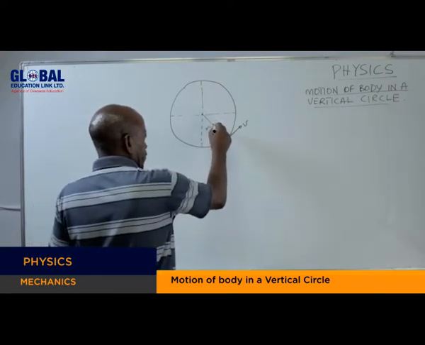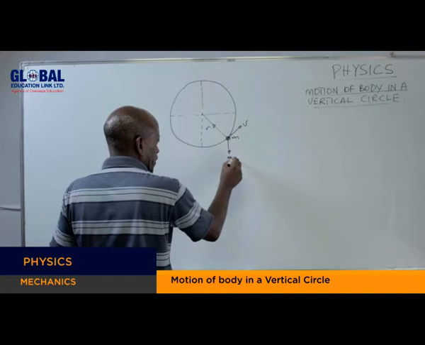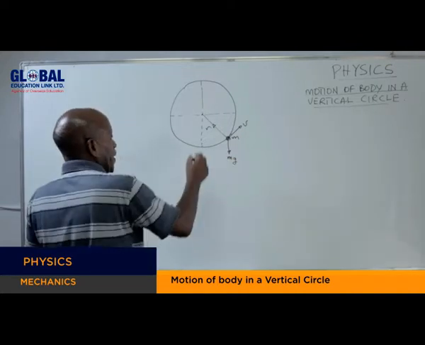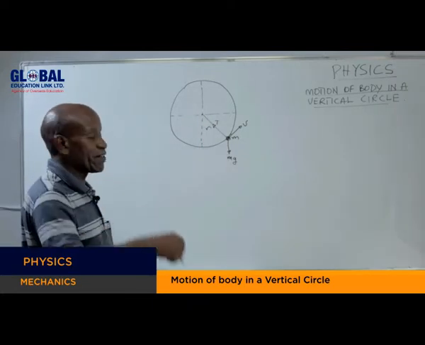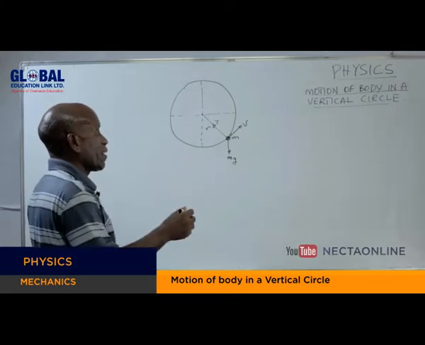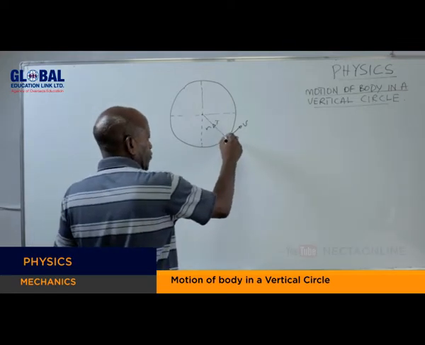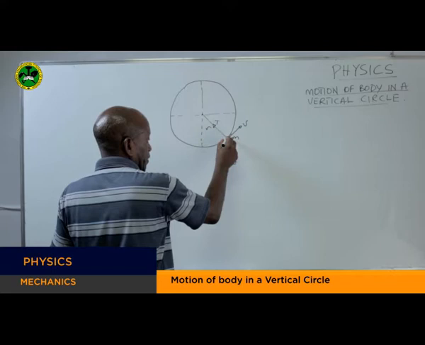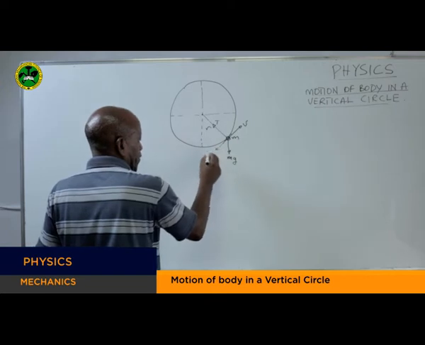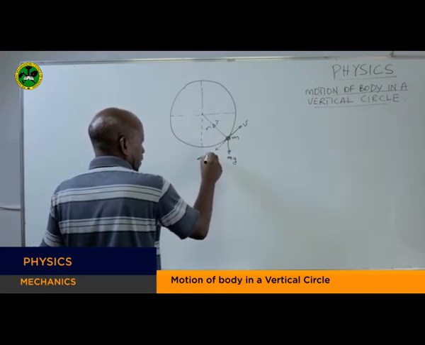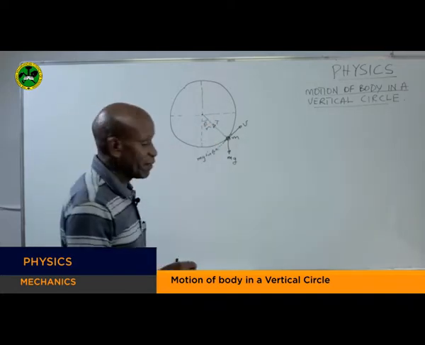First of all, if this body is of mass m, there is a weight mg acting vertically downward, and also there is a tension T which keeps holding this body to move in a circle. But if we resolve these forces along the circular path, this gives us mg sine theta, if I take this angle inclined to the vertical as theta.